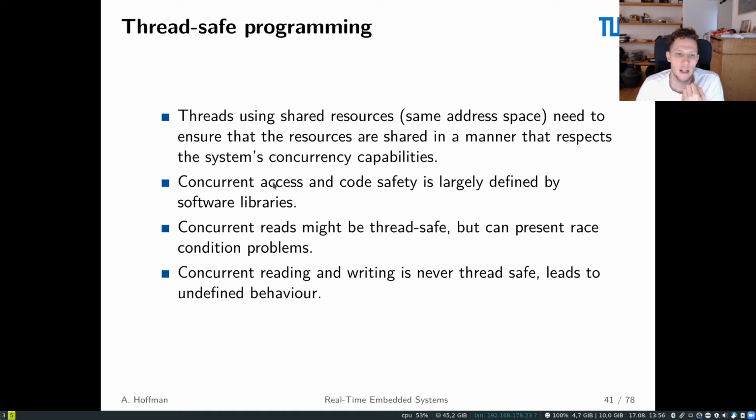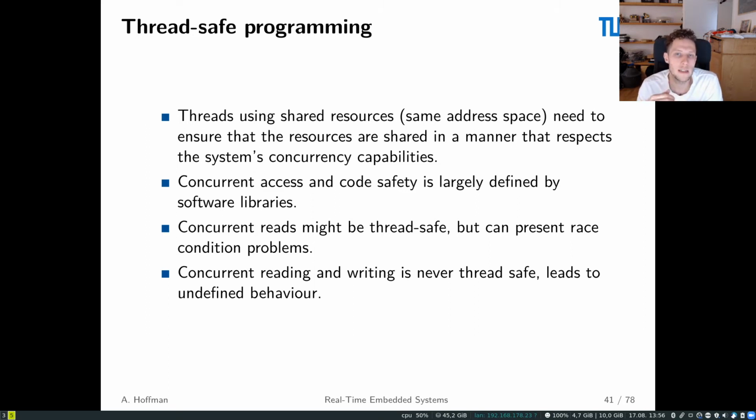There are hardware features that make concurrent access possible, and a large portion comes from libraries, but most importantly, it's done by the user. There are programming languages and libraries out there that make this process safer, meaning the user can't make as many errors.